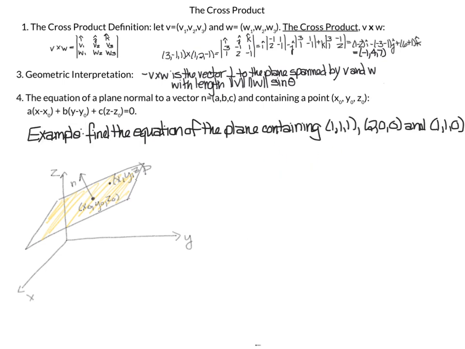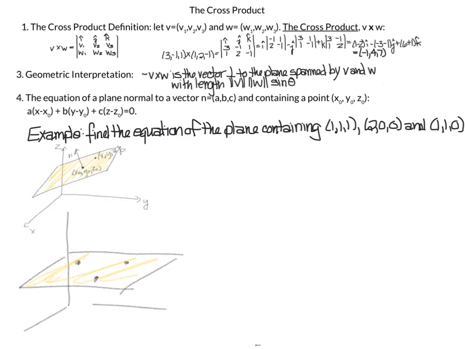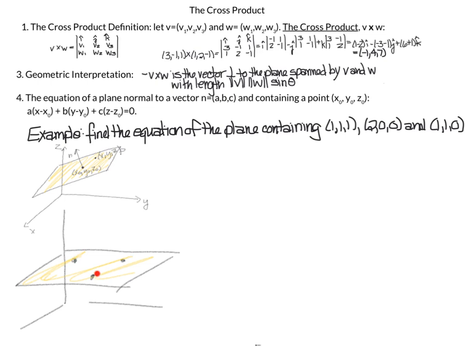This next example is to find the equation of the plane containing the points 1, 1, 1, 2, 0, 0, and 1, 1, 0. The picture we have now are 3 points on a plane. So actually this picture may not be exactly these 3 points given in the problem, but just conceptually, we are given 3 points on a plane.